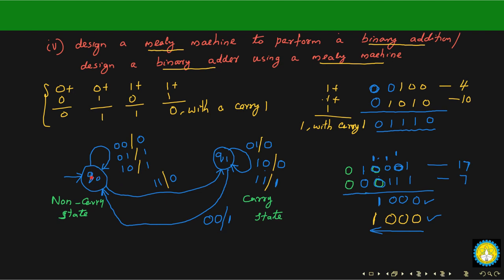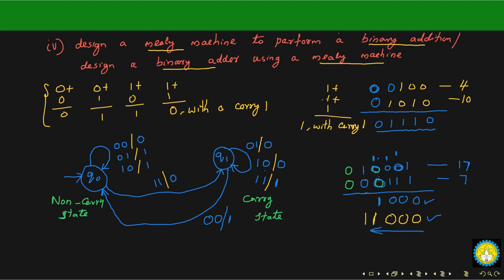So now we are at Q0, right? At Q0, you're at a non-carry state, and if you see a 1 0, you're going to generate a 1. So your output generated in that case is going to be 1.